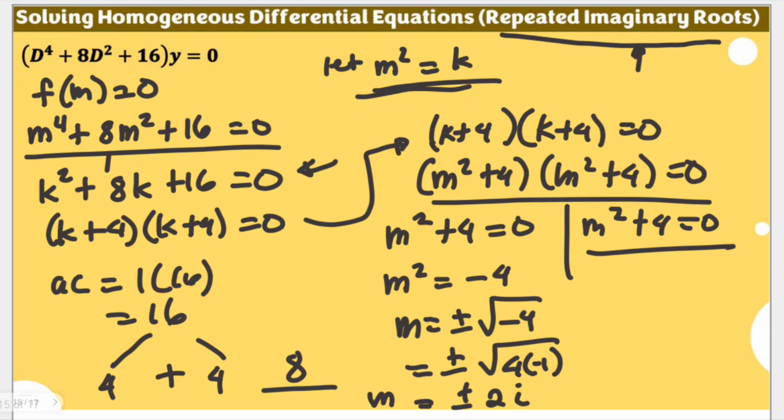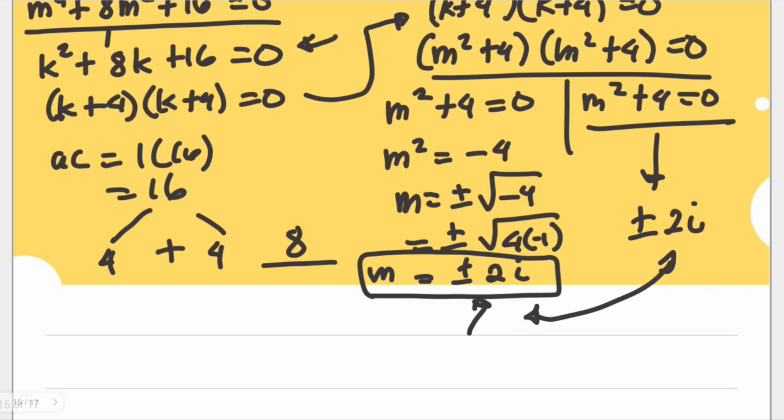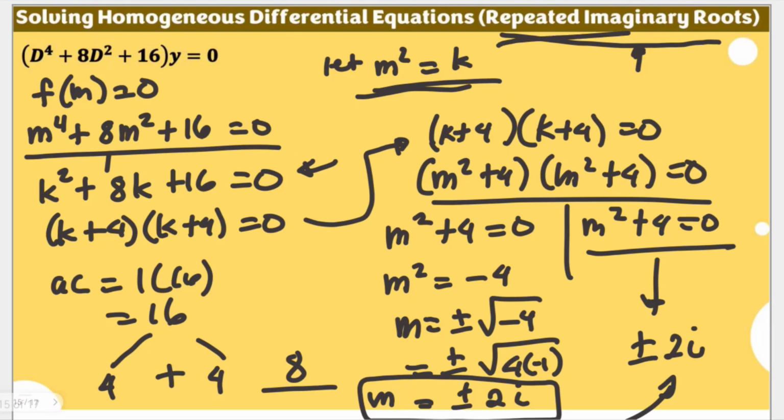These are our roots for m squared plus 4. But there is actually a multiplicity of 2, as the other factor will also give us plus minus 2i. This is the obvious reason that aside from being imaginary, we have two sets that are duplicated. So we have satisfied this claim.